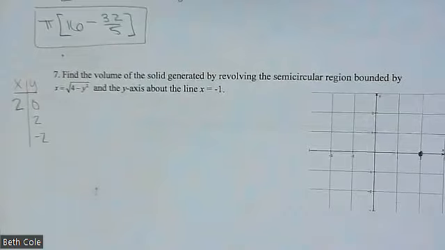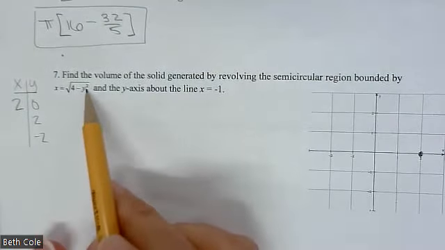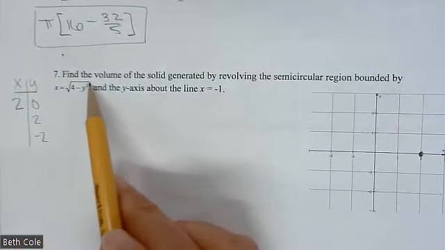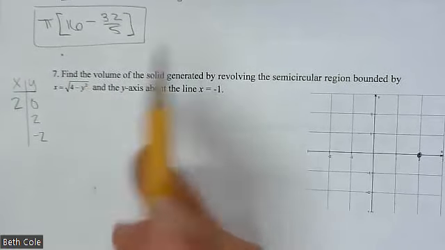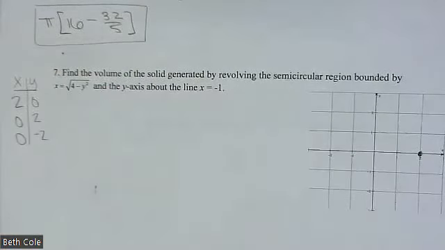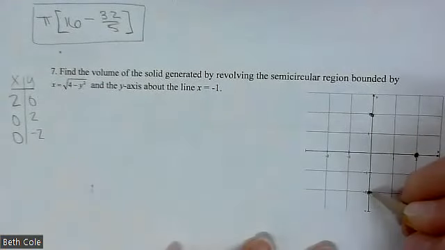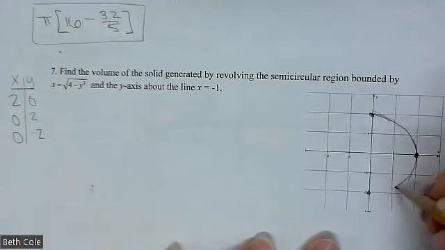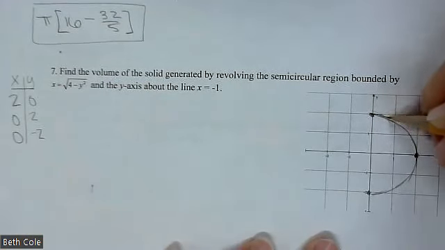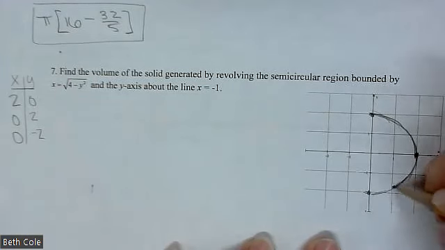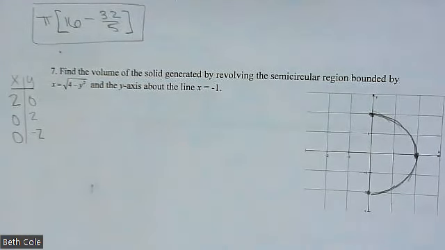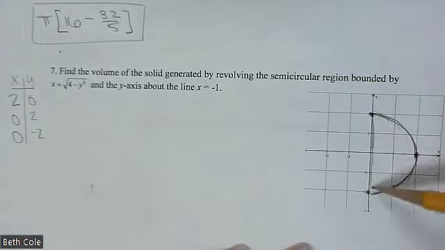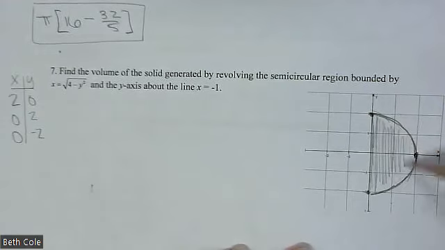And they're actually both going to give the same result, because if you plug in 2 or -2, when you square them, it's going to be 4, and then 4 minus 4, 0. So you get 0, 2, and 0, -2. And they did say it was going to be a semicircle. And so that does make sense that it looks like that, except I did not draw it very great, but whatever. So it said that and the y-axis. So this is our shape here.